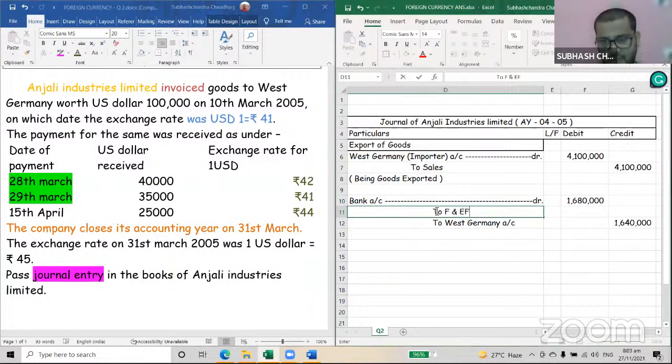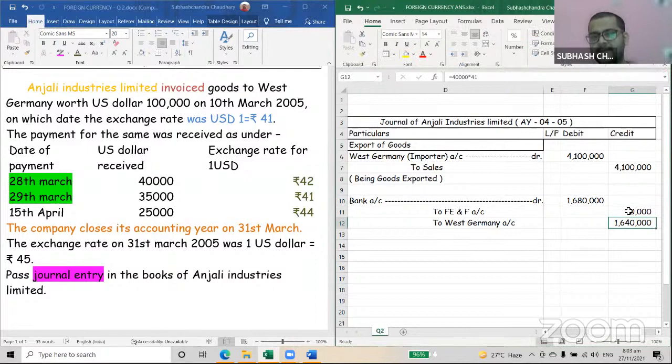Foreign exchange fluctuation, FEF account, and here the difference will be 40,000.